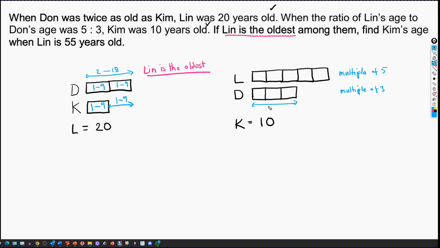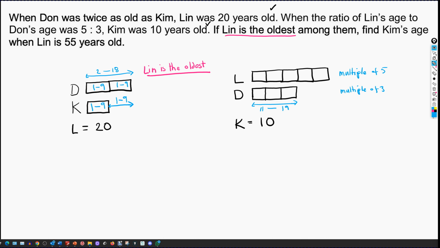He is between 11 and 19 years old, because we know that he's between 1 and 9 years older than Kim. All right.